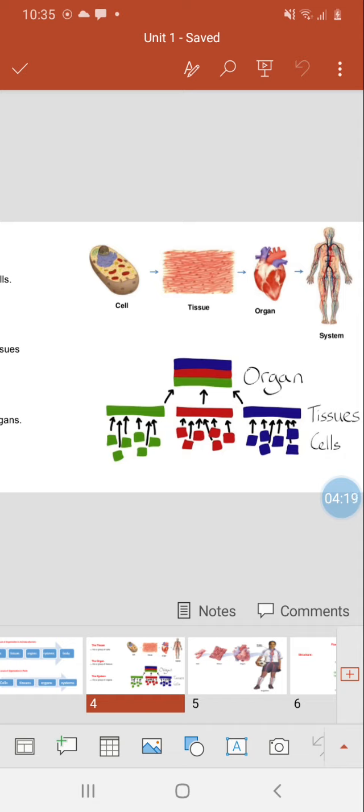It is like the system we are going to take, your circulatory system. One organ of your circulatory system we call the heart. And this heart is made of tissues, like in this photo. And then the tissue consists of cells. Okay?